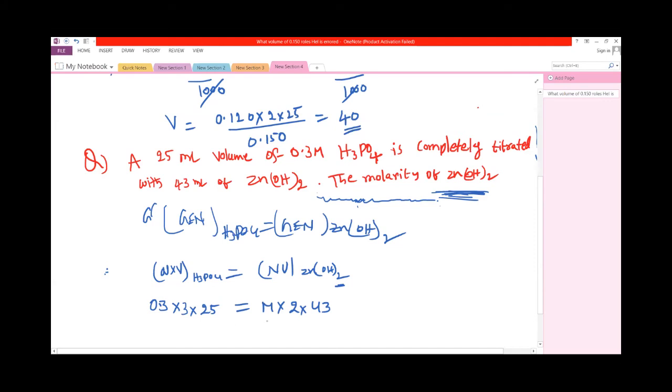Calculate the molarity: M equals 0.3 into 3 into 25 by 2 into 43. So this is the value. Please check your answer after calculating and let me know.